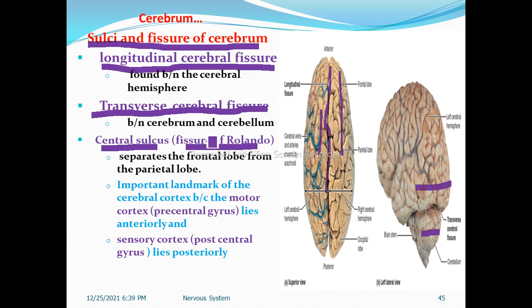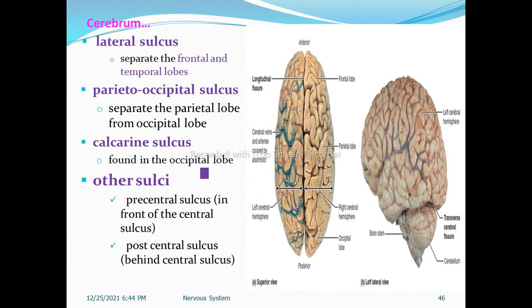The central sulcus separates the frontal lobe from the parietal lobe.